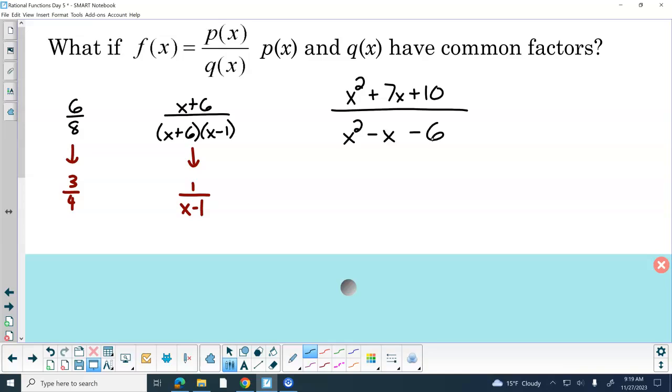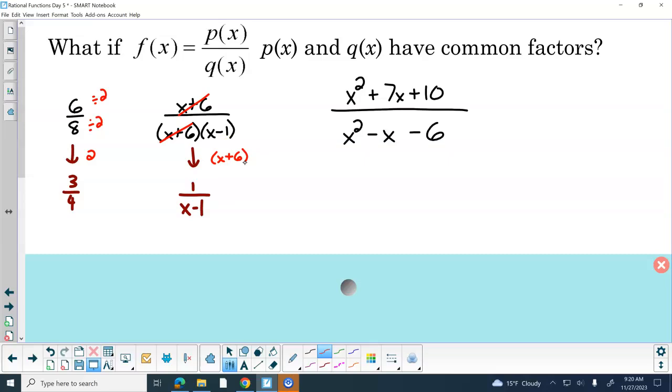Okay? That has a common factor. What is it? Like here, the common factor was we could divide both by 2, right? So 2 was my common factor. Here, we could divide both by x plus 6. So x plus 6 was my common factor.